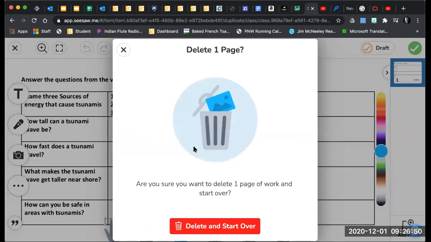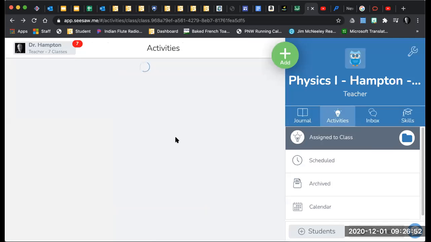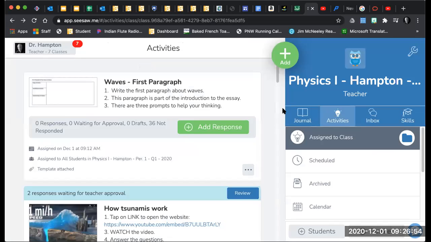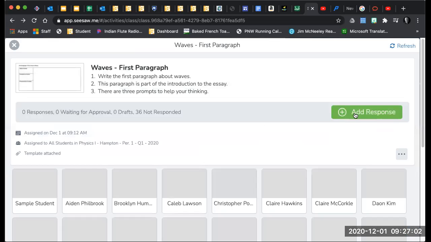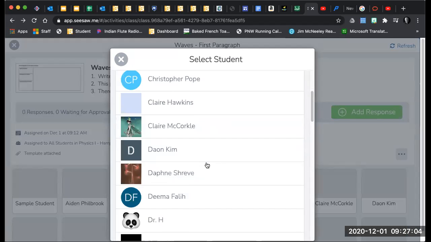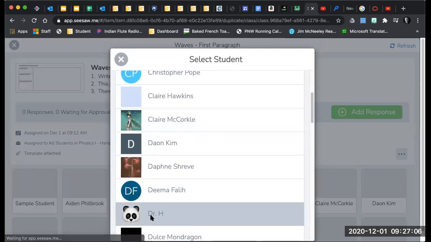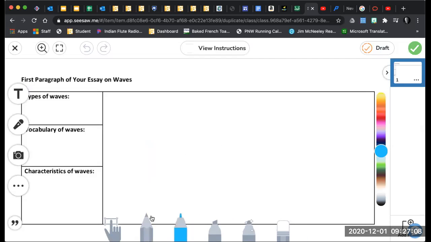The second activity is to begin your wave essay, all right, to write the first paragraph. And so for this first paragraph, again, I'm going to choose my name. And we're going to start out with something just basic about types of waves.